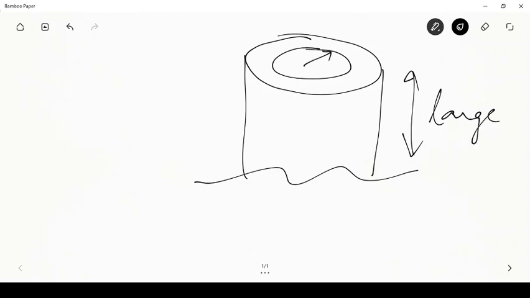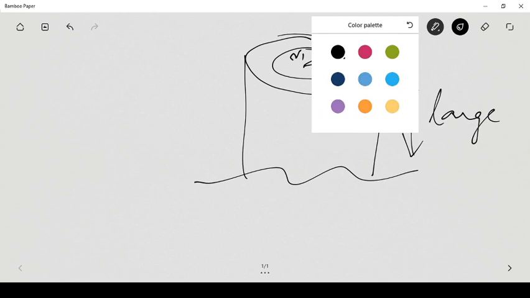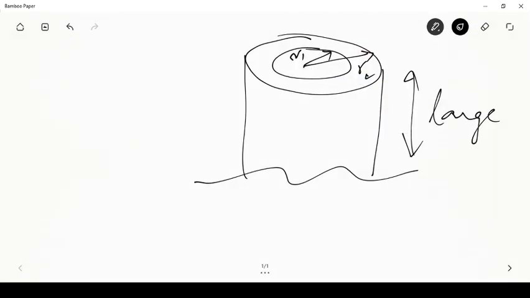And let's say this is the inner radius, and this is the outer radius. So the inner radius is, let's say, R1, and the outer radius is R2. Right? Let's clear this also.